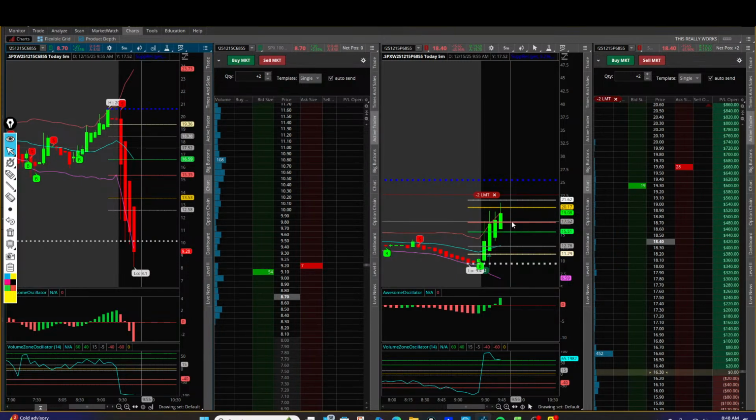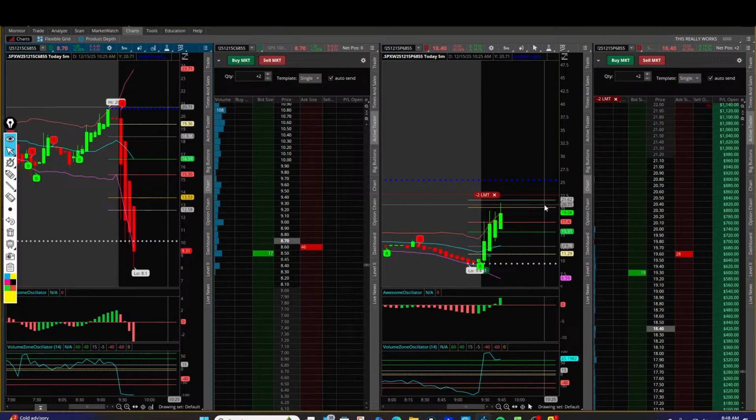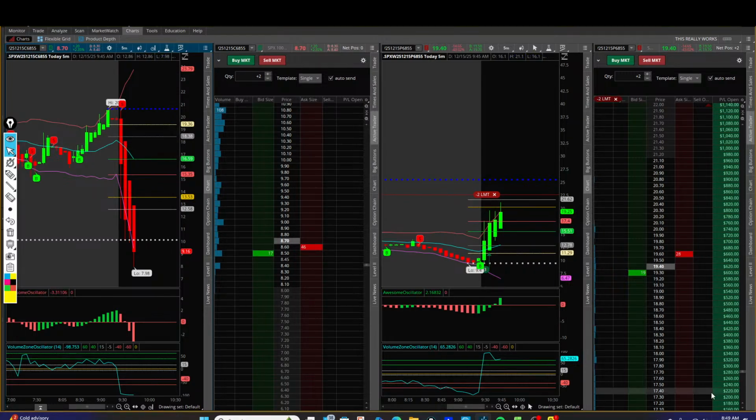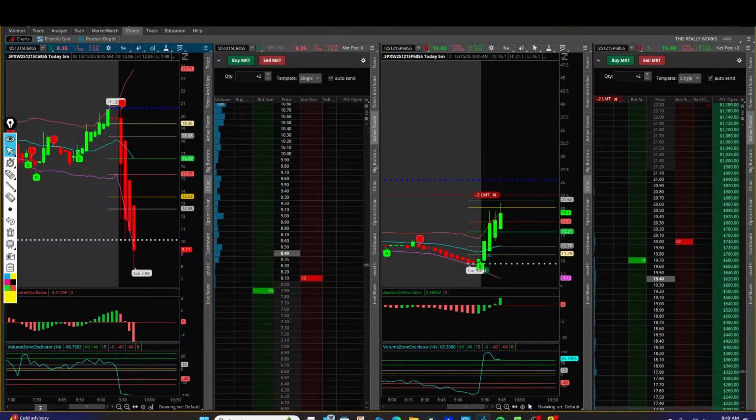Okay, this 2162, this white line up here, could very well be a resistance line for this. So we're going to keep watching, and if it goes past 2162, I definitely want to know that.